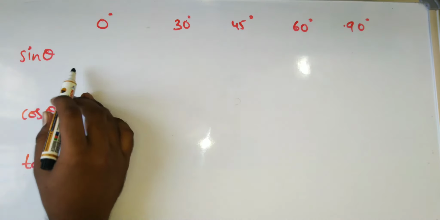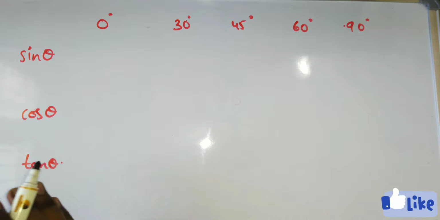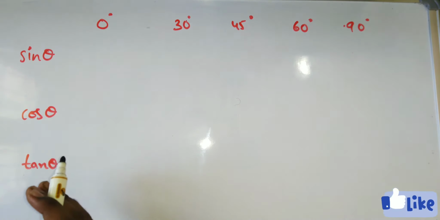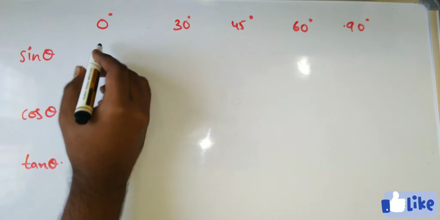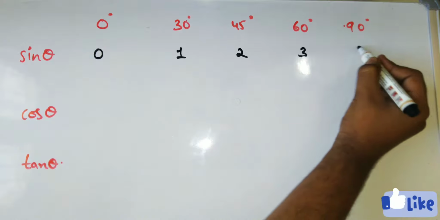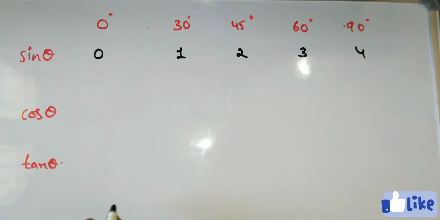So sin theta: the first step is that you have to write 5 numbers from 0 to 4 in increasing order, that means the ascending order, for the sine. So 0, 1, 2, 3, 4. Now what you have to do is divide it by 4.